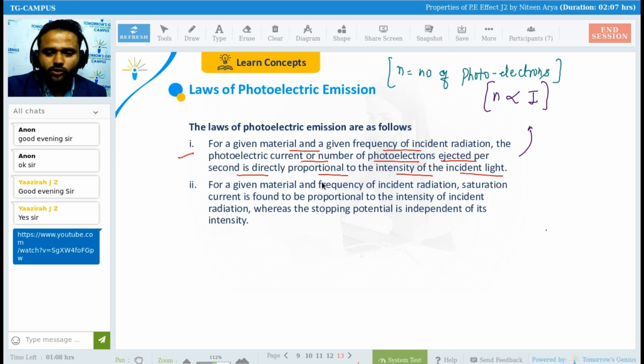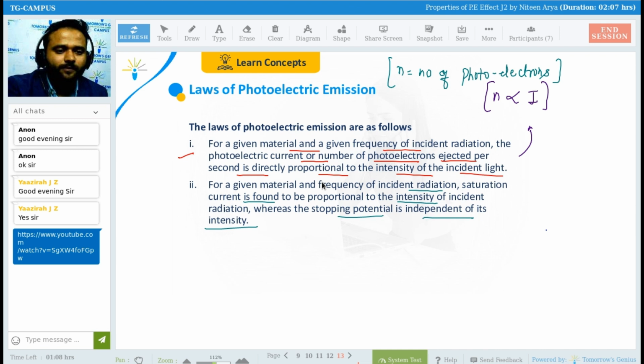For a given material and frequency of incident radiation, saturation current is found to be proportional to the intensity of incident radiation, whereas the stopping potential is independent of its intensity. Wait for a while. What does it mean?